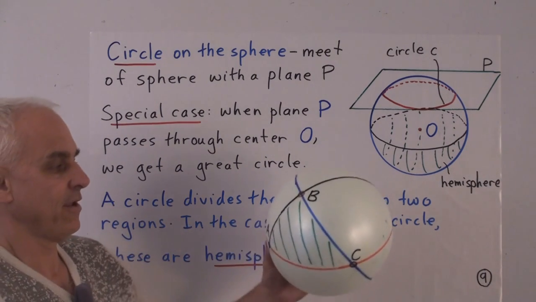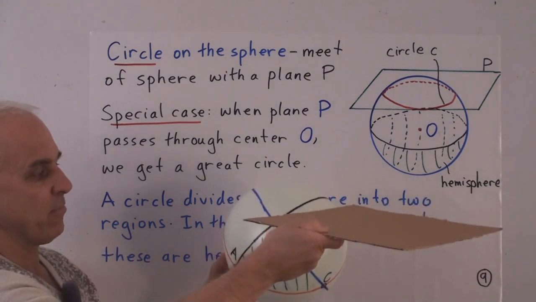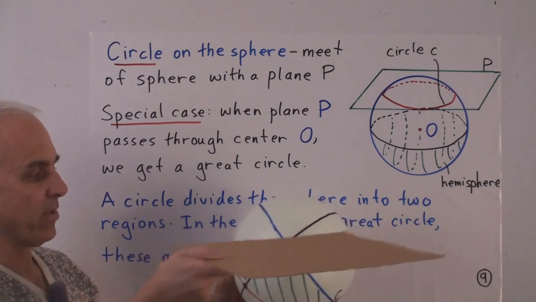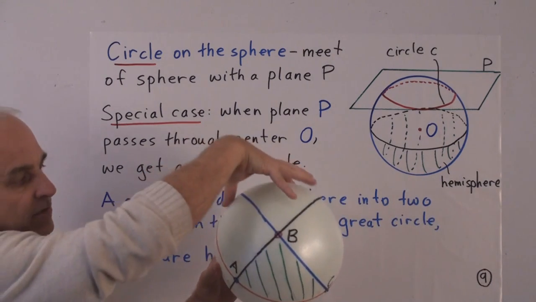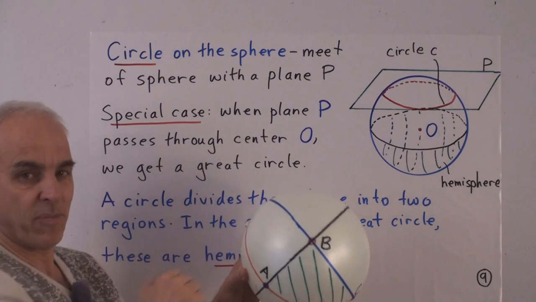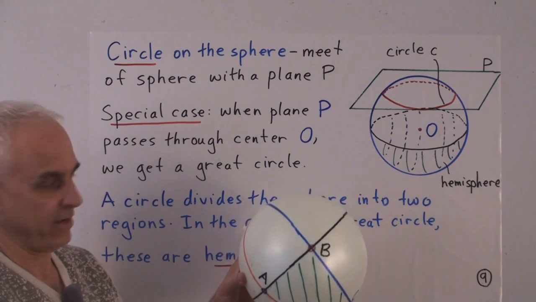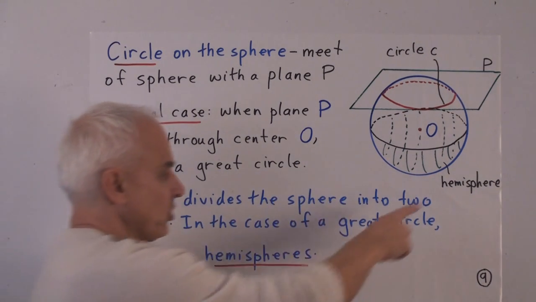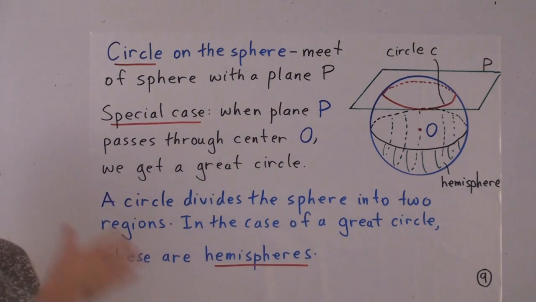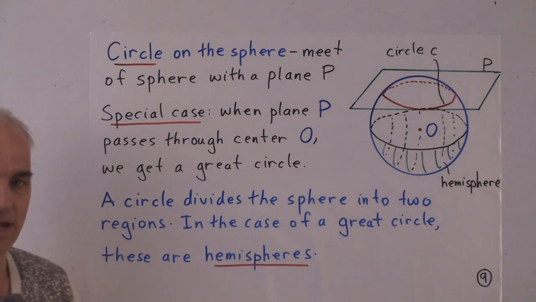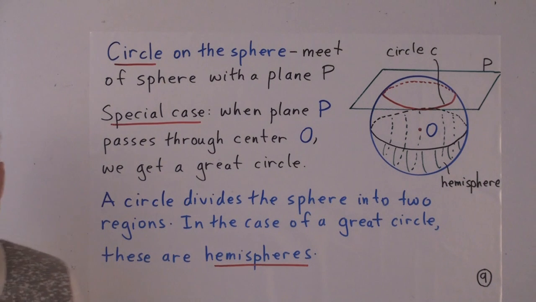So if I take a sphere and I take any plane through it, that circle that we get divides the sphere into one side of the plane and the other side of the plane. And we have a special term for the half of the sphere that we get when we have a great circle. So in the case of a great circle, the regions on either side are called hemispheres.